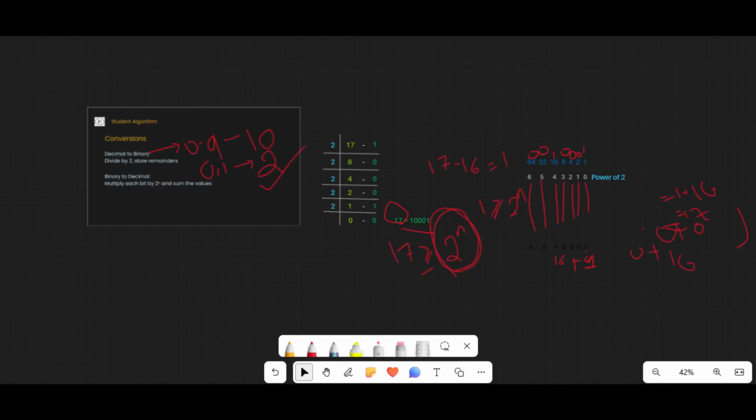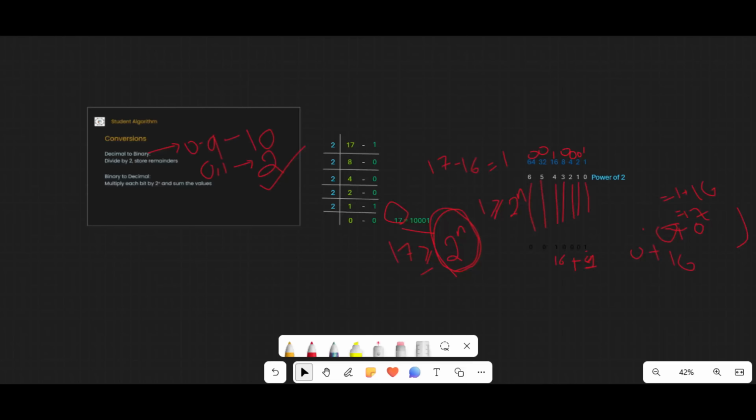Firstly, we have taken 17. What we need to do is find the nearest value of 2 power n which is smaller than 17. So we check 1 comma 2; the nearest and smallest is 2.